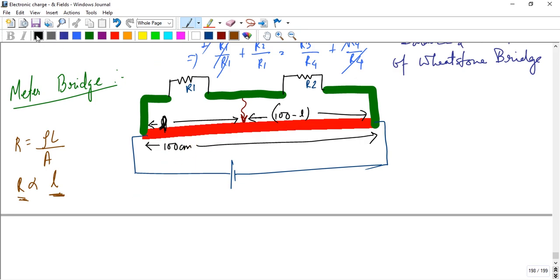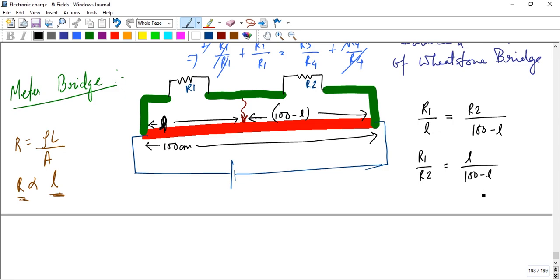So R1 by L equals R2 by 100 minus L, giving R1 by R2 equals L by 100 minus L.